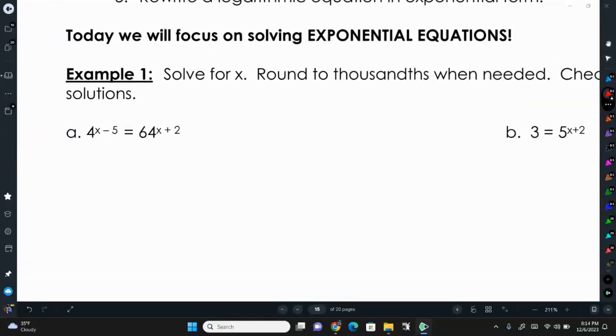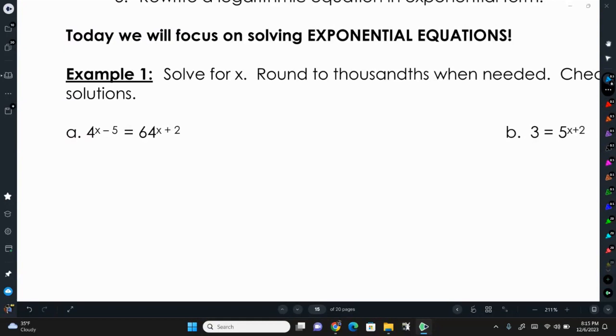Now, when we have extraneous solutions, that's when we plug the solved value into the original function to see if it still works out. That will mostly apply to logarithmic equations because we can't take the log of a negative number, but we should still do it for exponential equations as well.